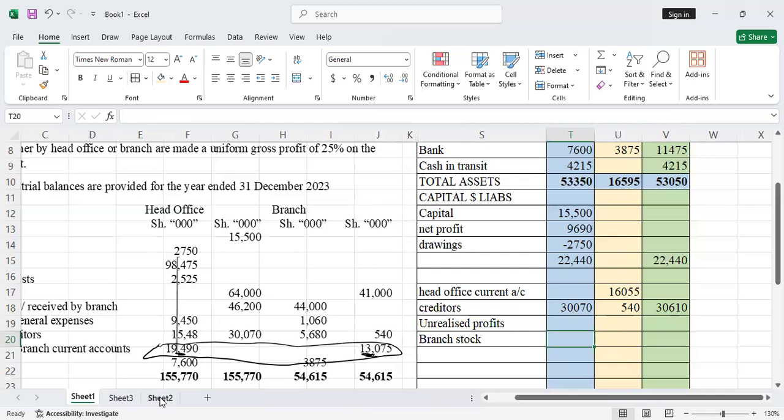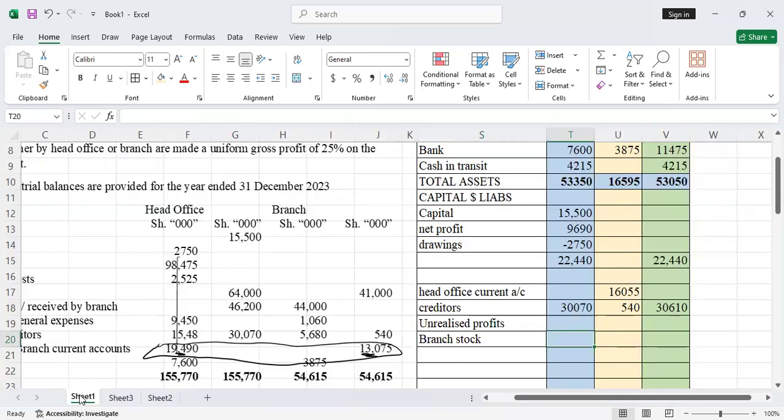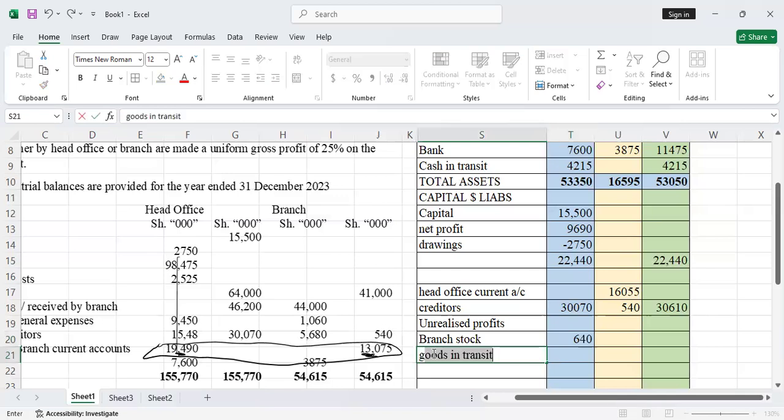If you don't remember, I can show you here. This 640, that's 640. And then goods in transit, there was also unrealized profit of 200. Now let us see what happens.